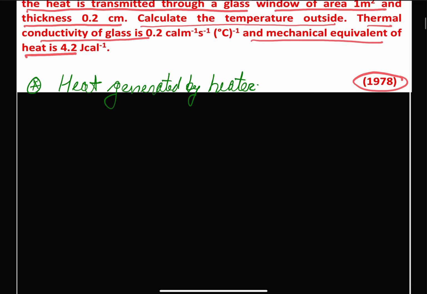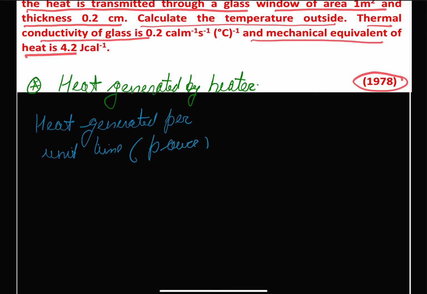So we can say that the power, or heat generated per unit time, which is nothing but our power, can be written as P is equal to V square upon R, where V is 200, whole square, and we have a 20 ohm resistance.